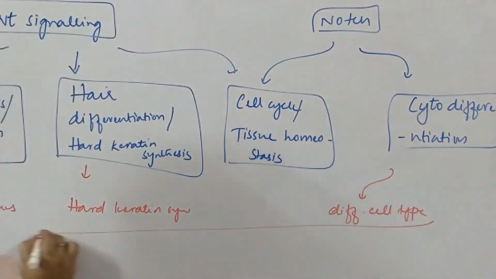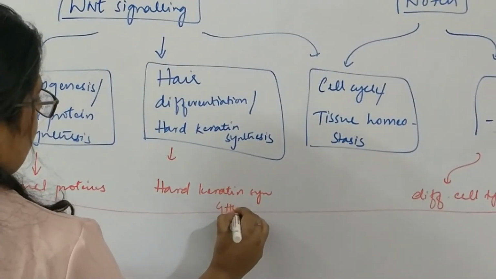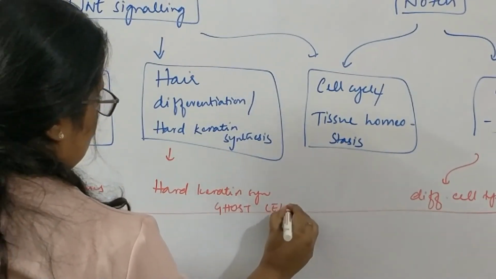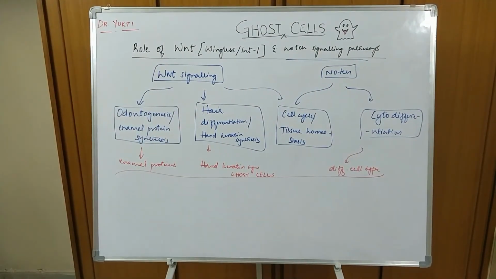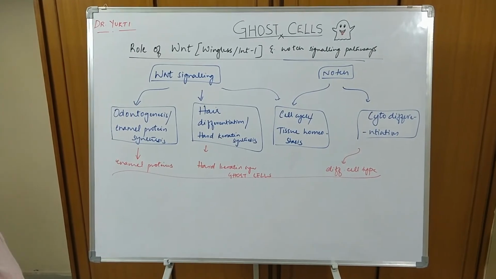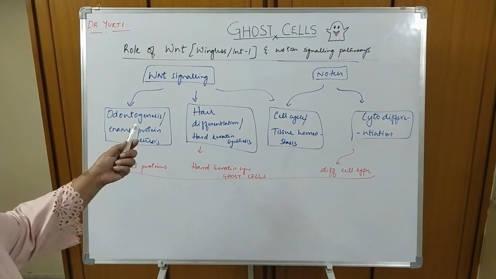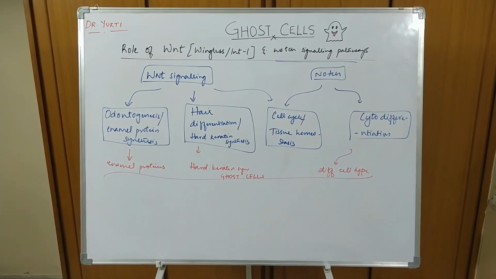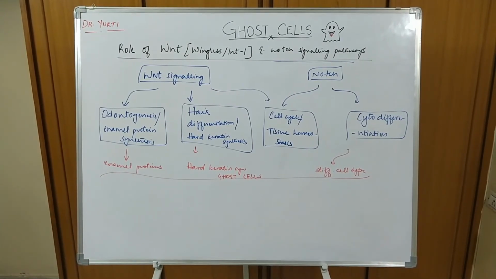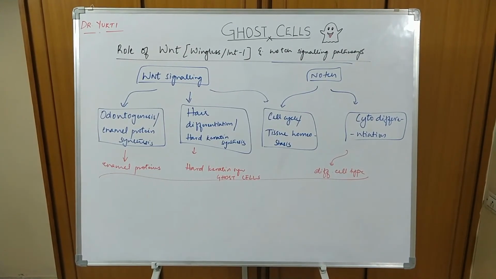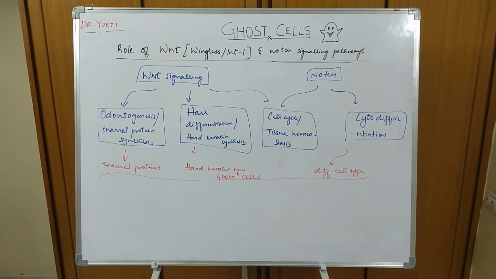So all these things are related to ghost cells. We can say that WNT and Notch signaling pathways are somehow involved in the formation of ghost cells. So this is about the molecular aspect.